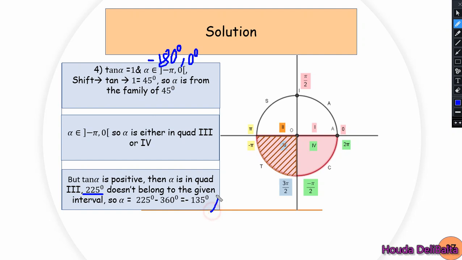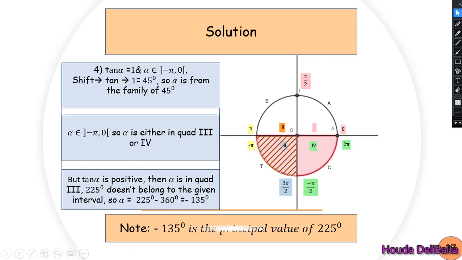Then all I do is subtract 360 to get a negative answer, and minus 135 is the final value for alpha. And in this case, we note that this resulted value is indeed the principal value of 225.